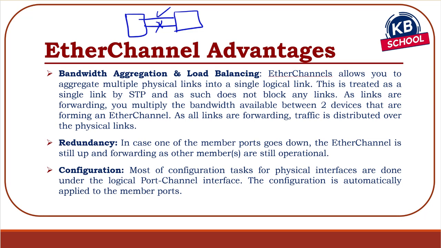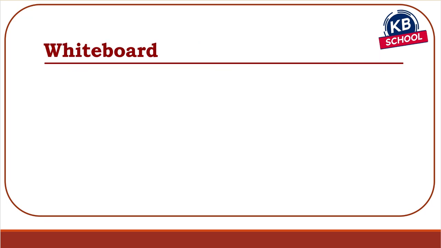The other advantage that you gain is the configuration part of it. When you configure the ether channel, most of the commands that you do are done in a logical interface. When I want to link up 2 interfaces to be part of an ether channel, I go into the physical interface, and generally I would use the range command for that, gig0/0-1.